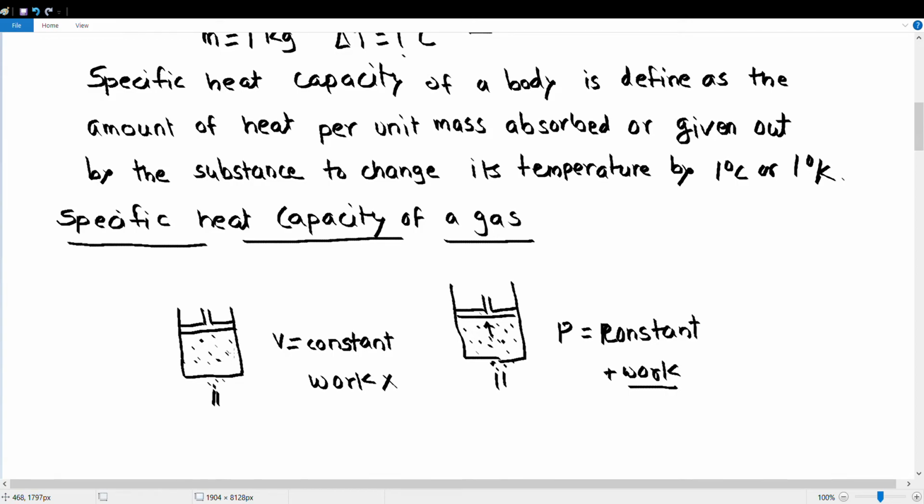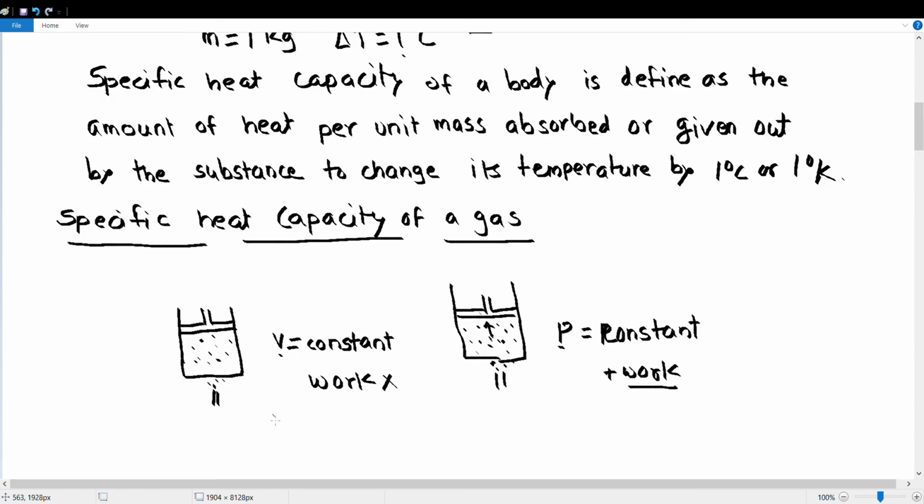So when that gas is heated, we have to consider which state variable is constant. Is the volume constant or is the pressure constant?